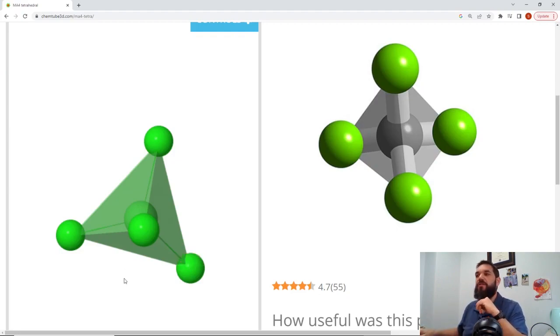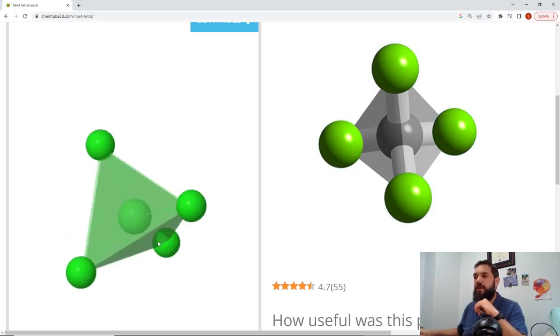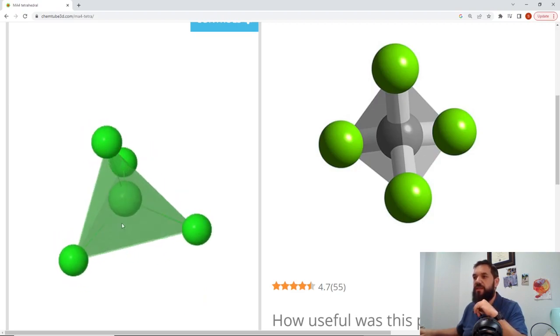If you take a look at this, you could see that angle right there is not a straight line. It's about 104 degrees, okay? So that's why water molecules have that certain angle.